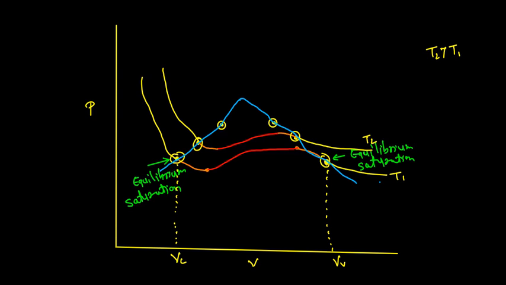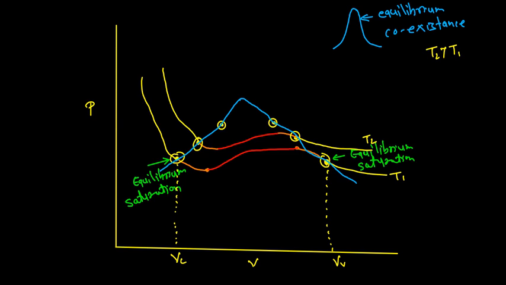The drawing is not very elegant, but ideally what you will observe is a curve which looks something like this. This curve is called the equilibrium coexistence curve, and the system is at equilibrium along this curve.